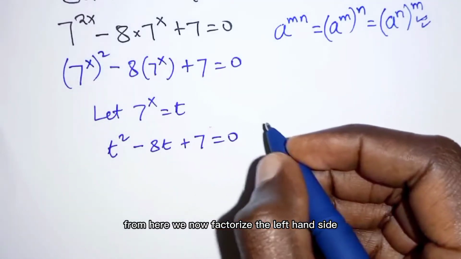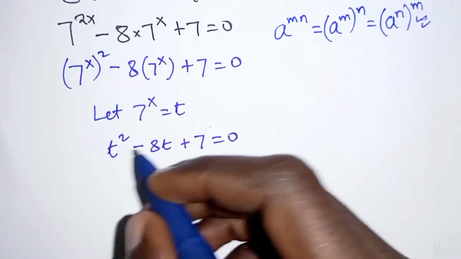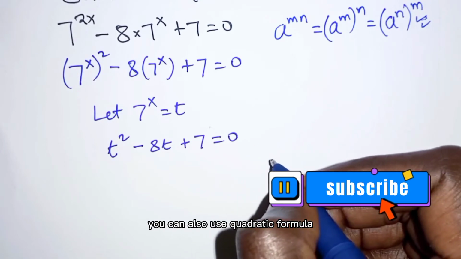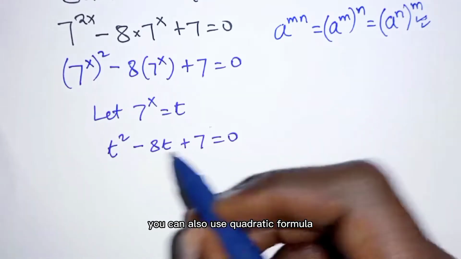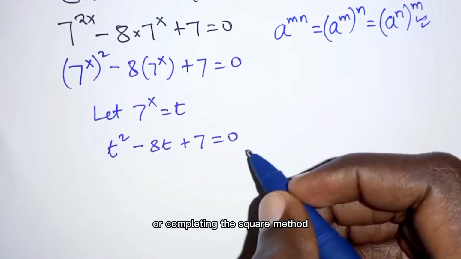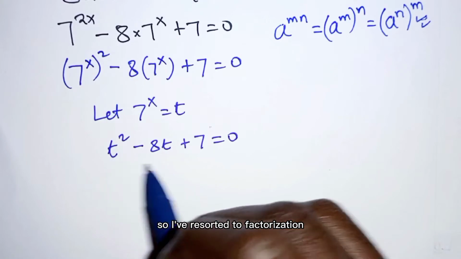From here, we now factorize the left hand side. You can also use the quadratic formula to solve this quadratic equation, or the completing the square method, but I've resorted to factorization.